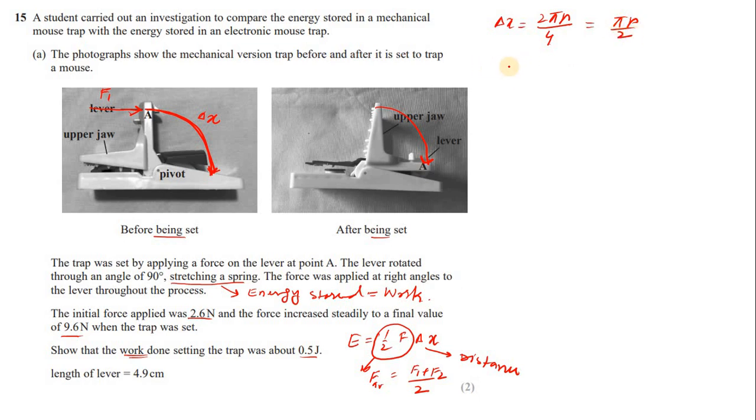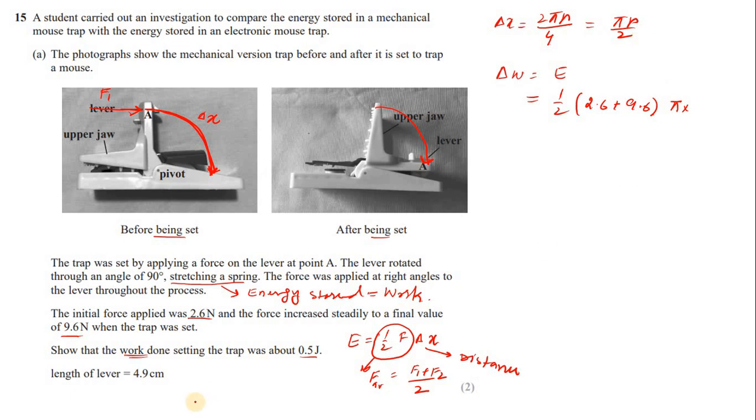So now you can find the work done, delta W, which is the energy stored. Energy stored is half of F, where F is F1 plus F2, so 2.6 plus 9.6, into delta X, which is pi r divided by 2.